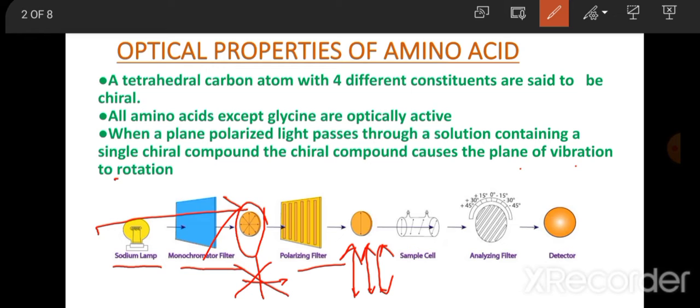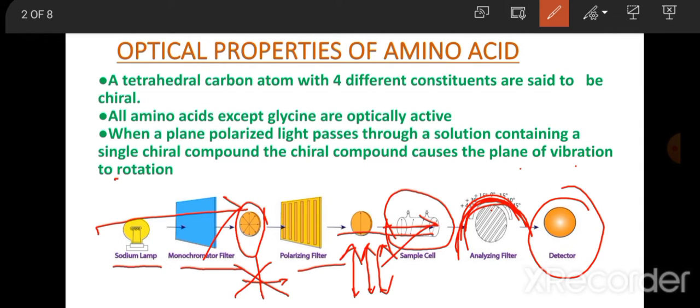When this light passes through a sample cell, where the amino acid sample is present, we see a change, meaning rotation. It can be left side rotation or right side rotation. And what rotation difference occurs? A detector detects this.